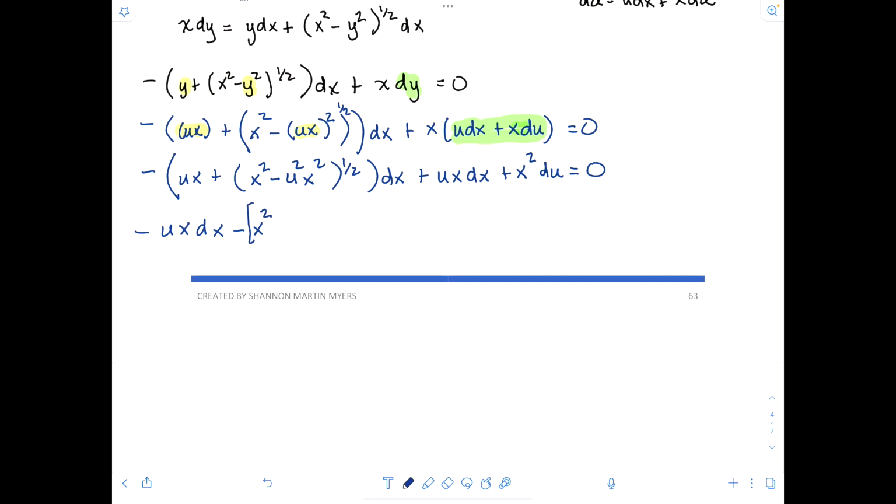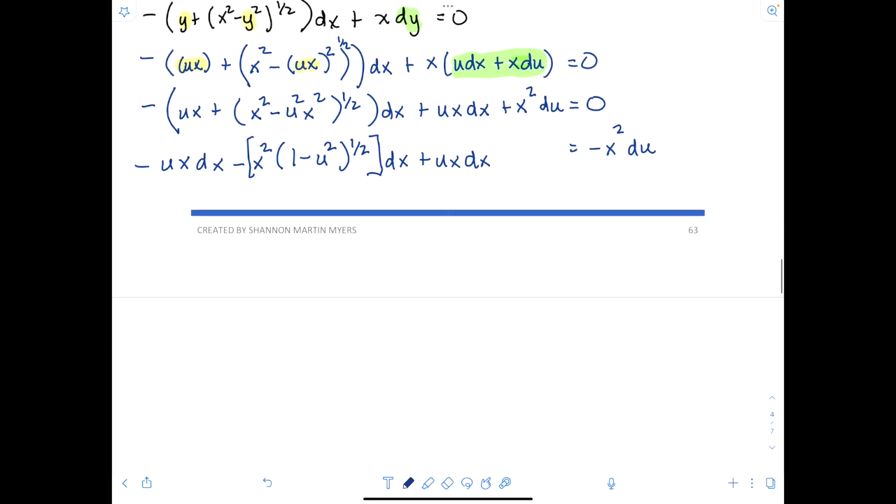This is all inside this 1/2 business, okay? And then I'll have 1 minus u squared to the 1/2 dx. And then we also have plus our u times x dx. And then I'm going to go ahead and get that du term on the other side to get a negative x squared du. Cool, cool?